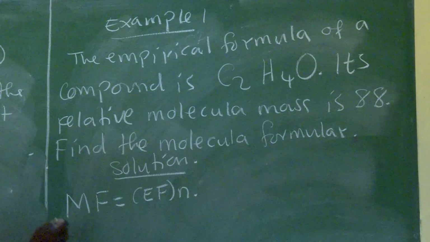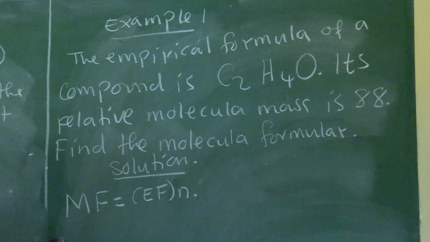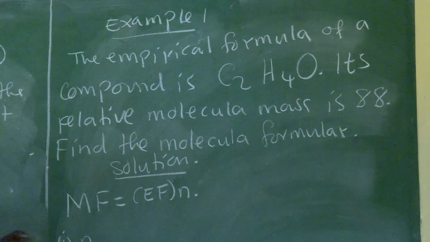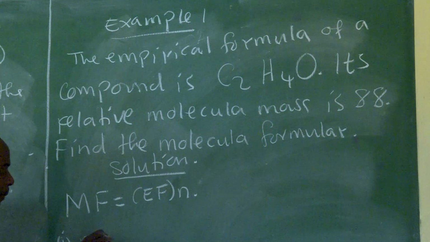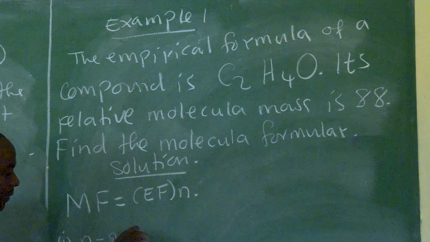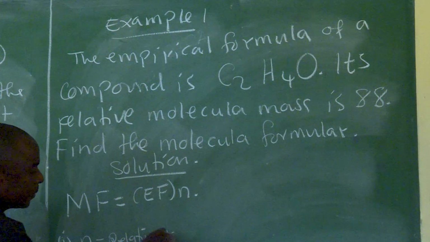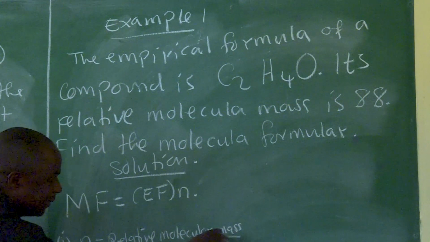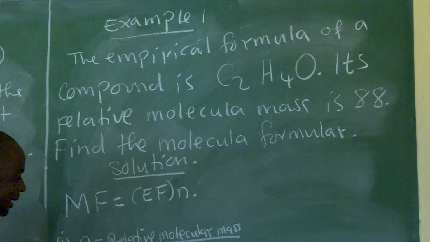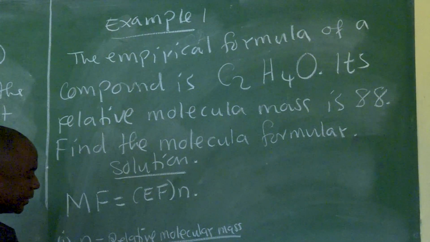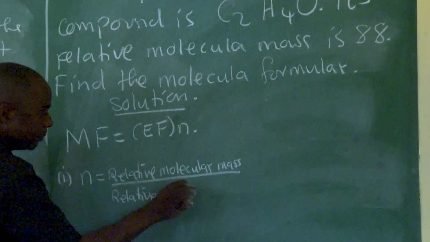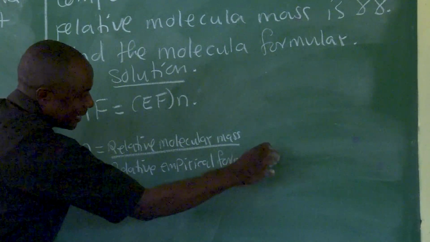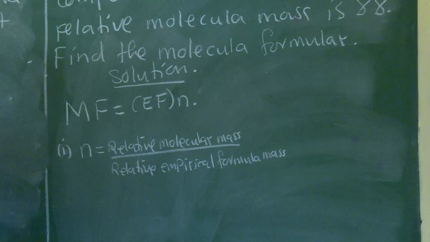So the first step we are going to do is finding the multiple whole number n. The multiple whole number n is equal to relative molecular mass divided by relative empirical formula mass.